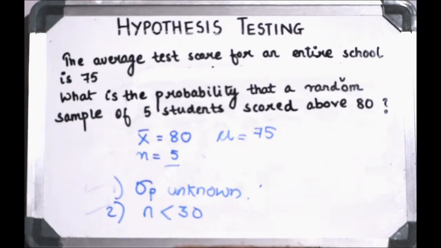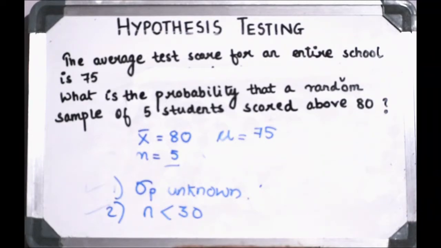So if the sample population standard deviation is given, that does not have any impact on the t-test criteria. So in that case also we can go for t-test. So it is very evident when we should go for t-test and when we should go for z-test.